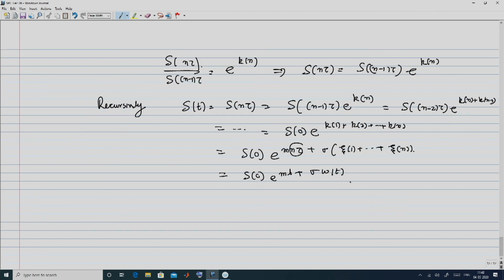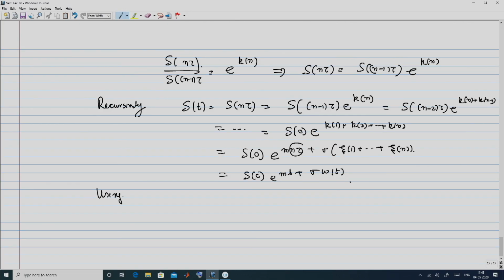Okay, now we will make a Taylor series approximation. Using the Taylor series expansion, what do I get? I get that S of n plus 1 tau over S of n tau is e raised to k n plus 1, and I assume that k n plus 1 is small.